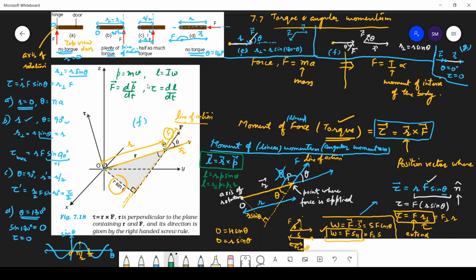You can write it in vector form also, no problems. Is it okay, students? So that's what moment of force and moment of momentum are.